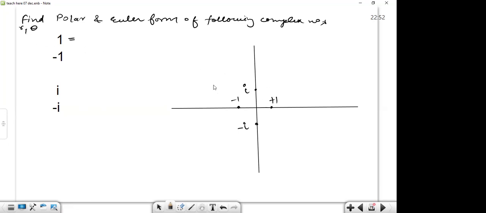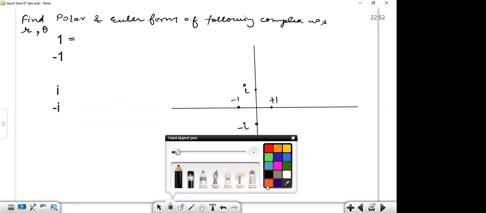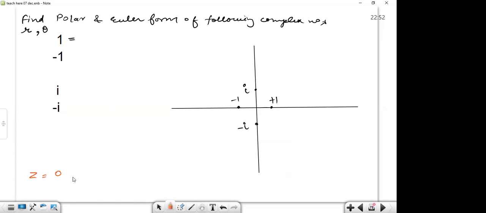So what is the magnitude of 1? Simple, it's very simple. z is equal to 1 plus 0 into iota.